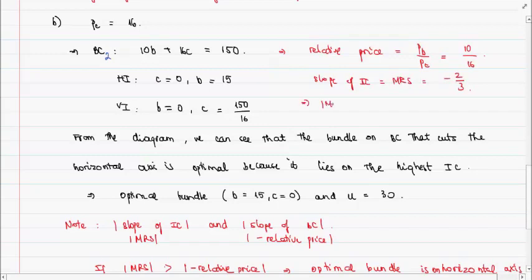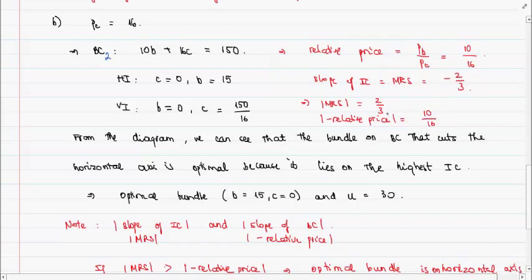Therefore the absolute value of the marginal rate of substitution is equal to 2/3, and the absolute value of the negative relative price is basically just the relative price, which is 10 on 16.